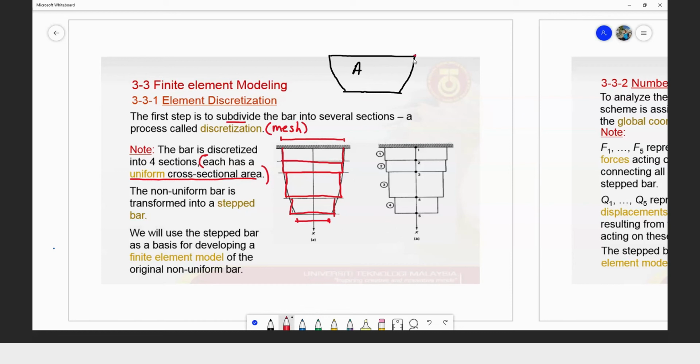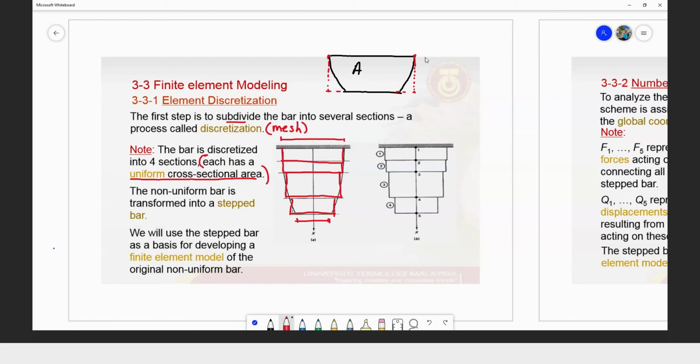We can take this point as our reference, then we project it straight downward. So this is our new element, which has uniform cross section.